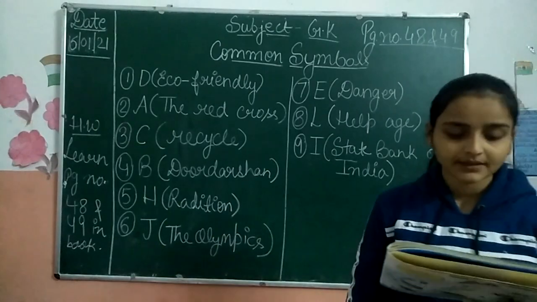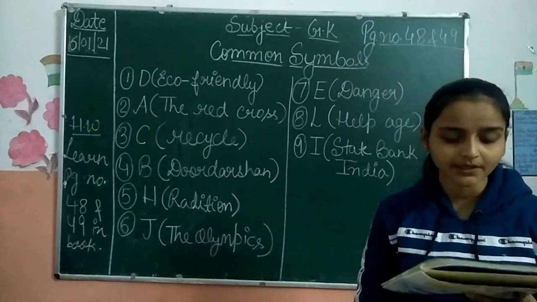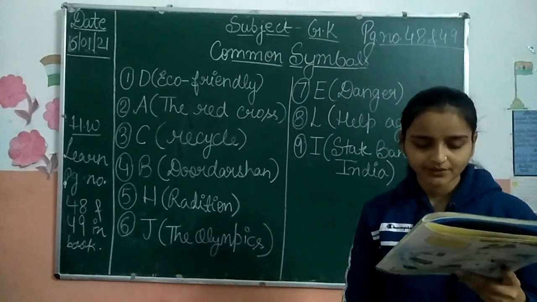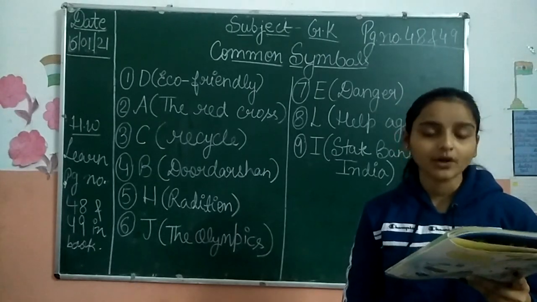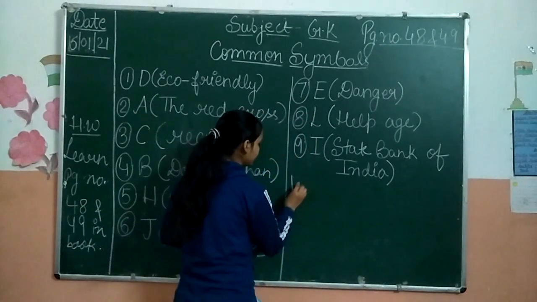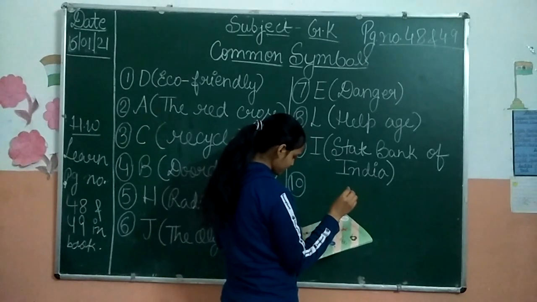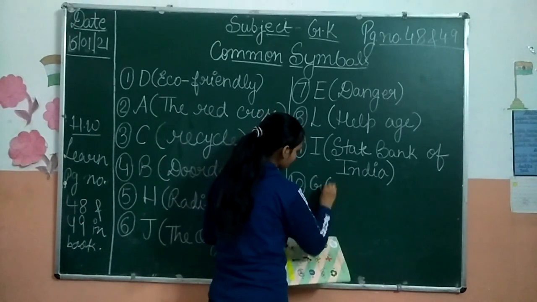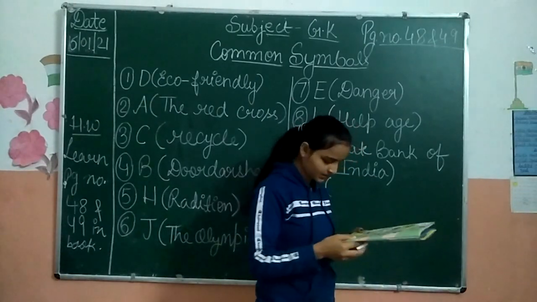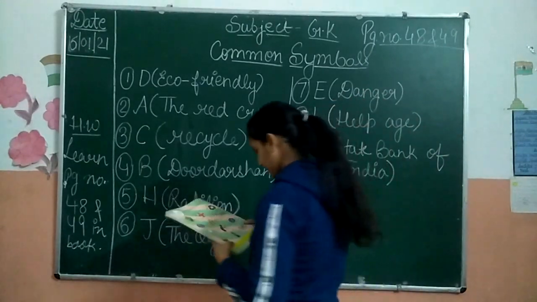Now look at the 10th picture. A panda is there and written WWF. What is this? This denotes Worldwide Fund for Nature. Write down number 10. G. Okay.